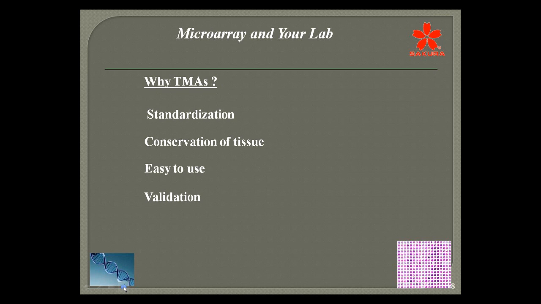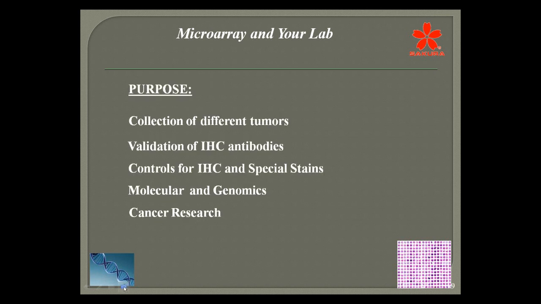So why TMAs? These can be primarily used for standardization, conservation of tissue. They're relatively easy to use, and of course validation, which we are in so much involving our work today to validate antibodies, special stains, procedures, and the list could go on.